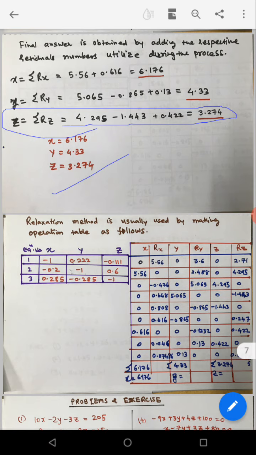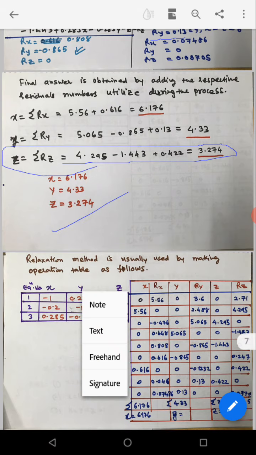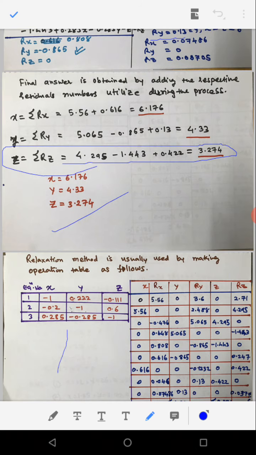So this is your final answer, and it is a usual practice to write the relaxation method in an operation table like this. In this slide it is shown that this table shows the coefficients after rearranging the equations. These are the initial values whenever we pick up as residual or zero values.